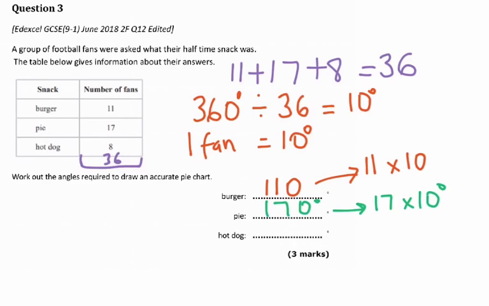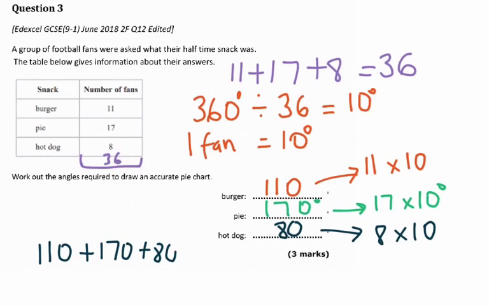And then finally, last but not least, we would do hot dog, and hot dog is 8 fans multiplied by 10, and we would do 80 degrees on our pie chart. And we can always check that we've done those right, because we should now be able to check that 110 add 170 add 80 does indeed add up to our 360 degrees. So it's a nice little check to make sure that our angles add up.